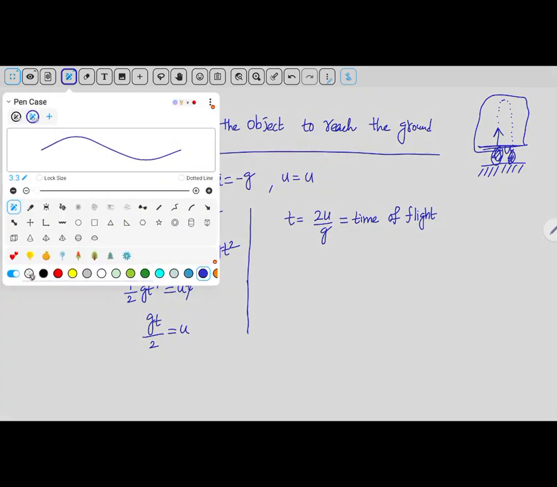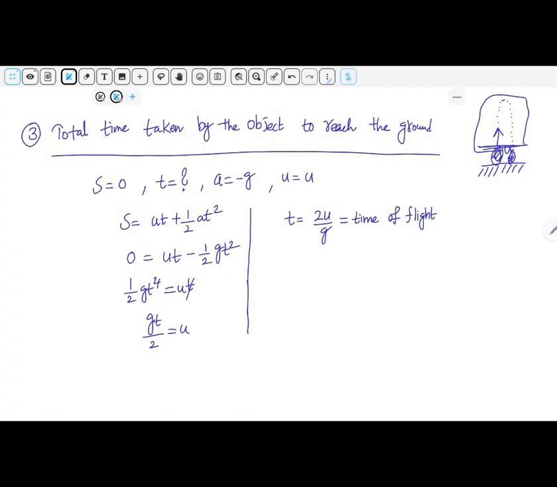Okay, so let me do that with a separate color. So let me consider the time of flight as TF. From the time of flight, if you subtract the time of ascent, we will get the time of descent, which is the time taken by the object to reach the ground from its maximum height.